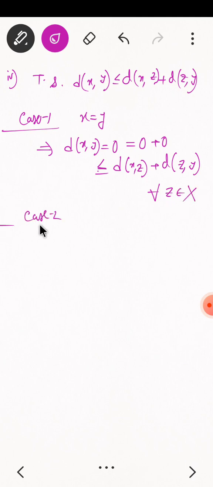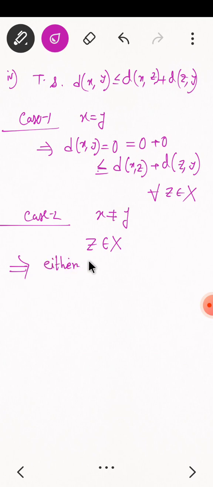Case 2, if x not equal to y and z is an element of X, then we have two possibilities: either z not equal to x or z not equal to y.